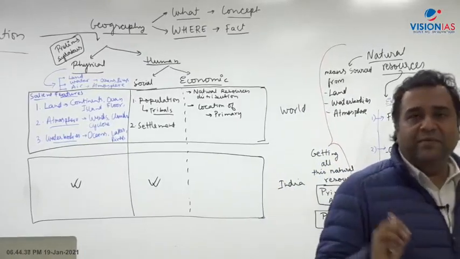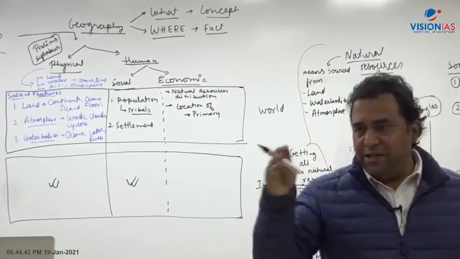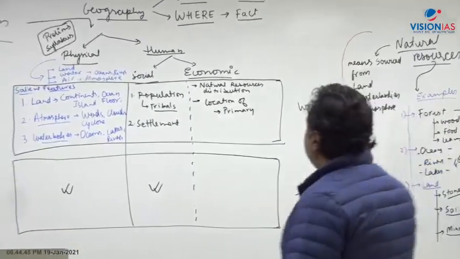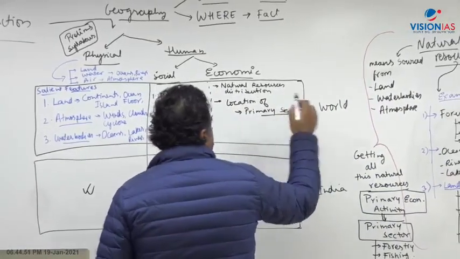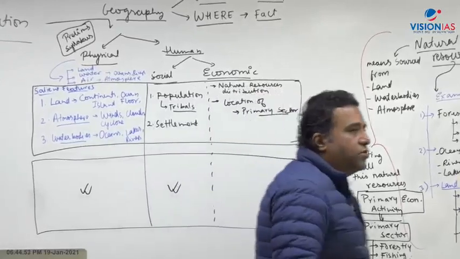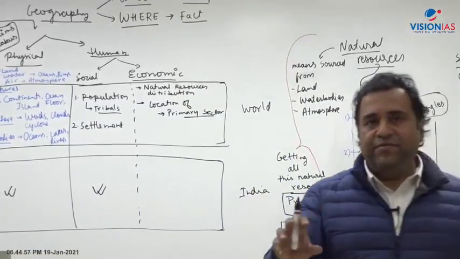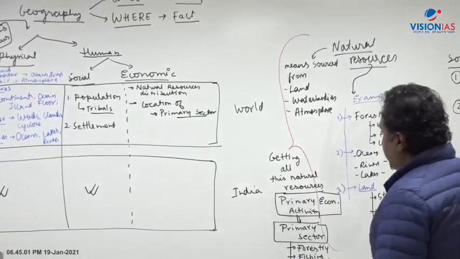So primary sector means primary sector of industry, secondary sector of industry. Sector means part. So location of primary sector, which means collecting. Once you have collected from the forest, from the oceans, from agriculture, you have produced and mined everything, what do you do next?